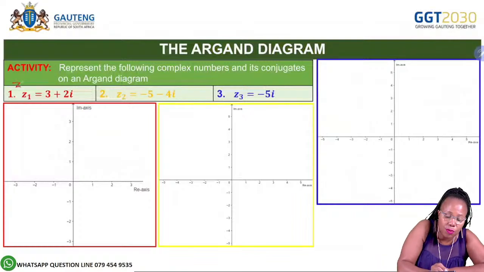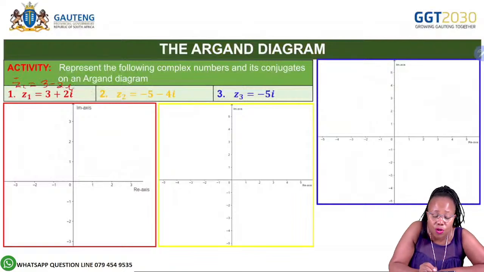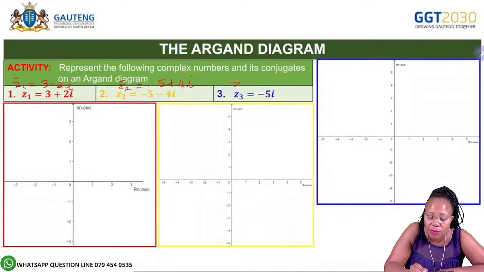It will be z1 with a dash on top, 3 minus 2i. And then the conjugate for z2, z2 with a dash on top to show it's a conjugate, is minus 5 plus 4i. Conjugate for z3, z3 with a dash on top.